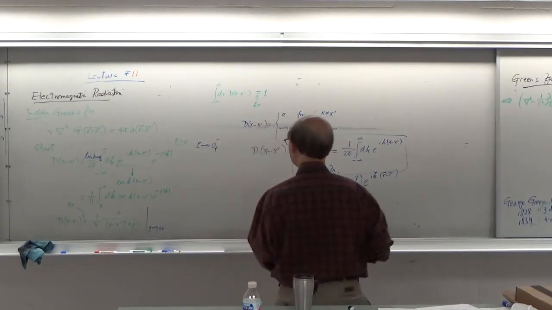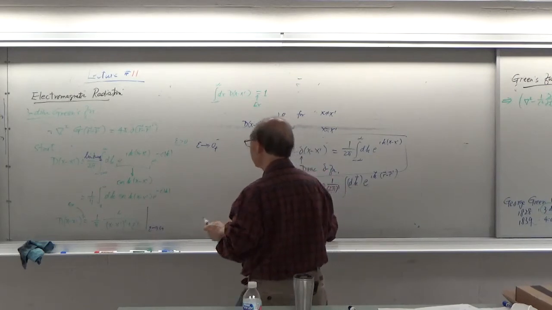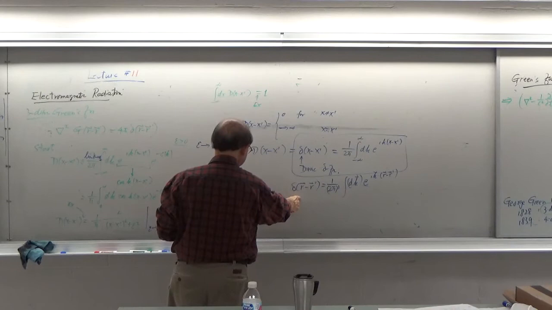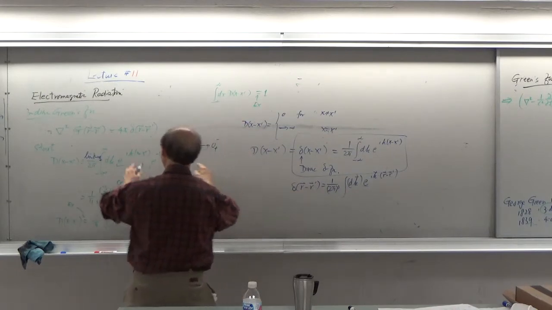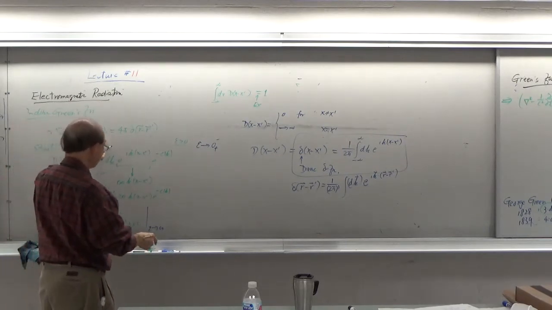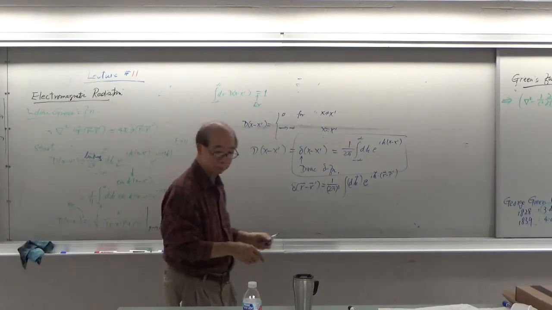Next. All right. Now that I have an integral form for the 3-dimensional Dirac delta function, let me plug that into the right side of this 3-dimensional Green's function differential equation. So may I erase this?